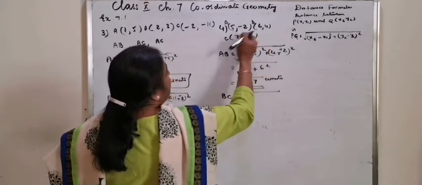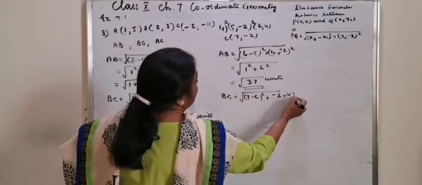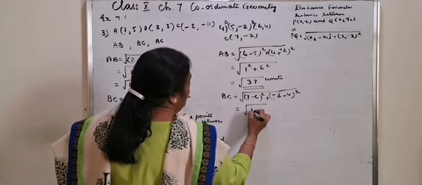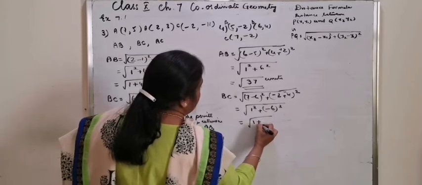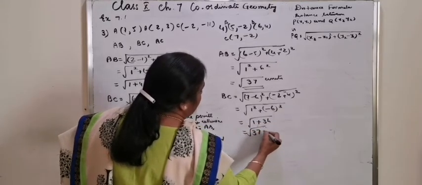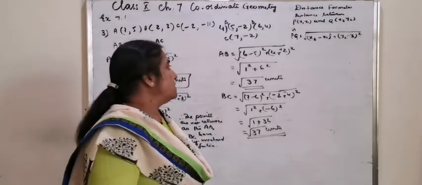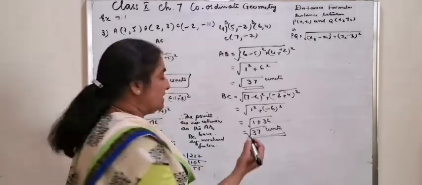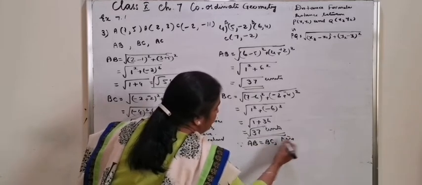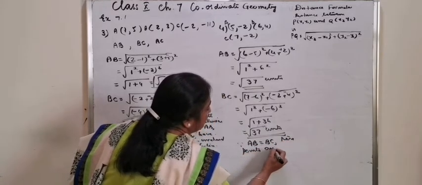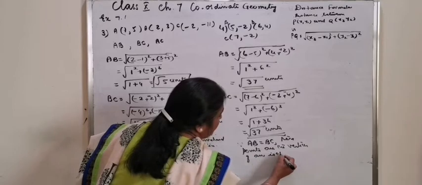Square root of (7 minus 6) the whole square plus (minus 2 minus 4) the whole square, 1 square plus minus 6 the whole square, 1 plus 36 is again root 37 units. Now since you got already the two sides equal, there is no point in calculating AC. You can give a conclusion as: since AB equal to BC, these points are the vertices of an isosceles triangle.